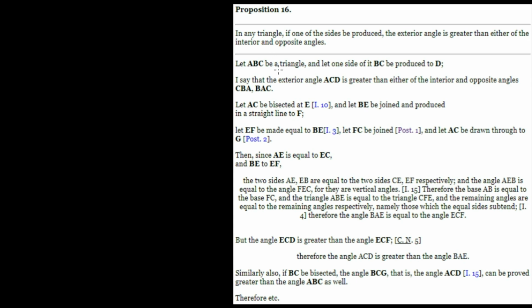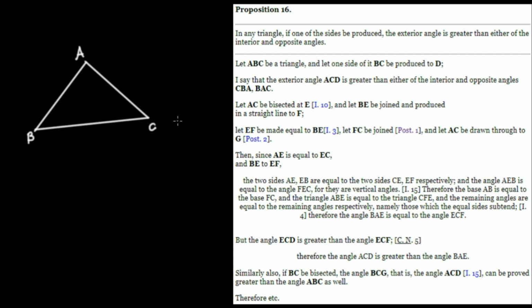Let ABC be a triangle, and let one side of it, BC, be produced to D. Okay, let's draw this out. So let's say that's our triangle ABC.